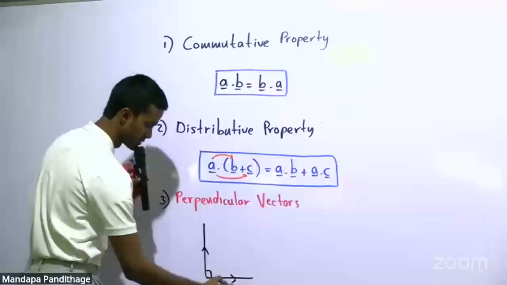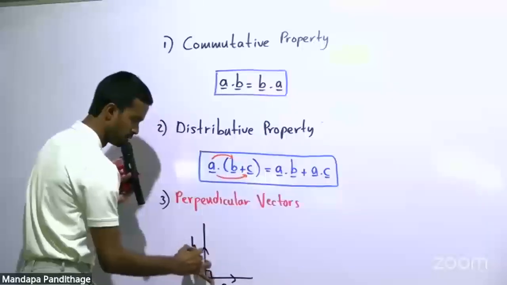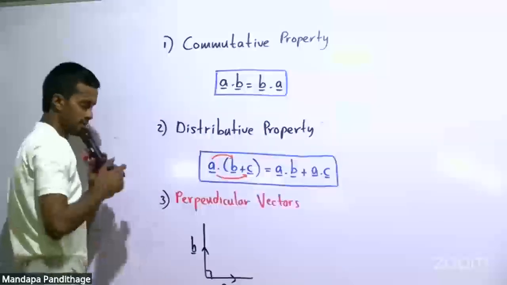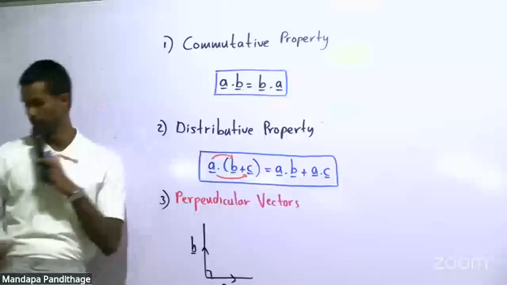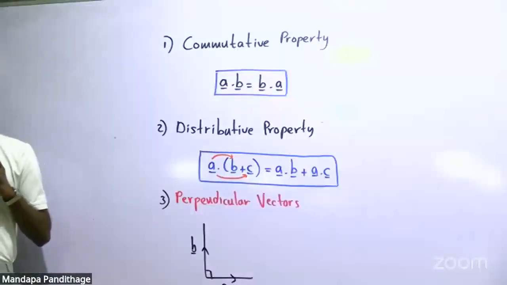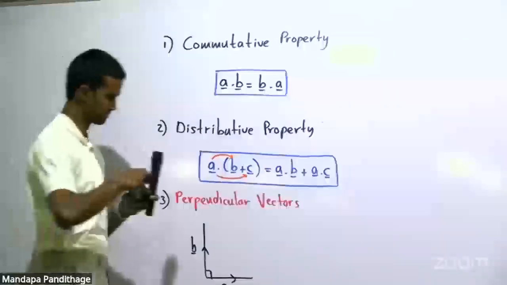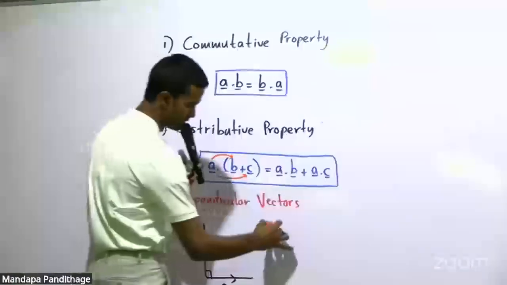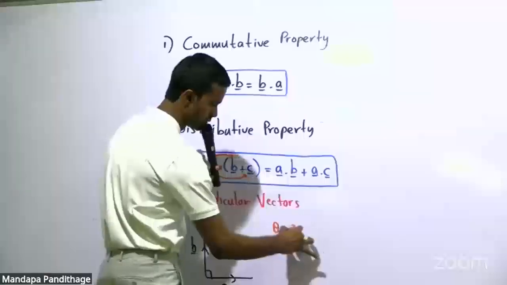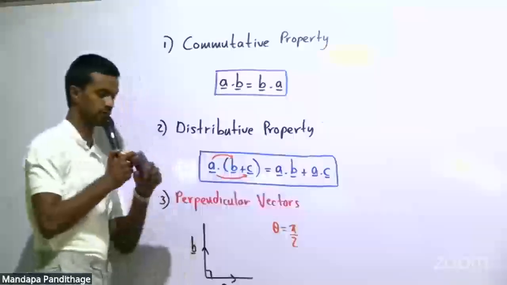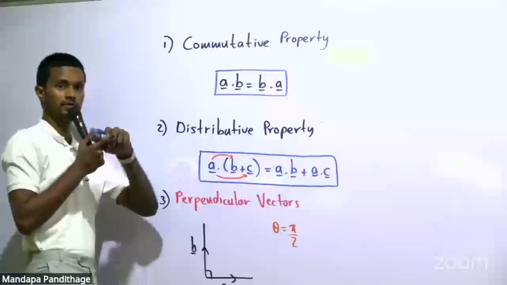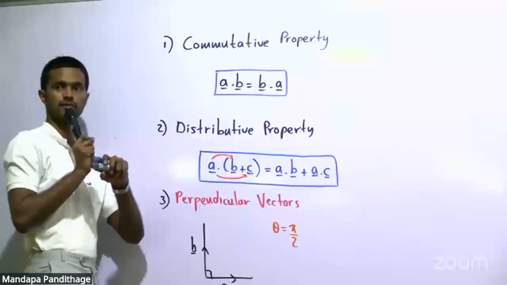Silence, focus. When those are perpendicular, the angle between the two vectors is pi by 2.